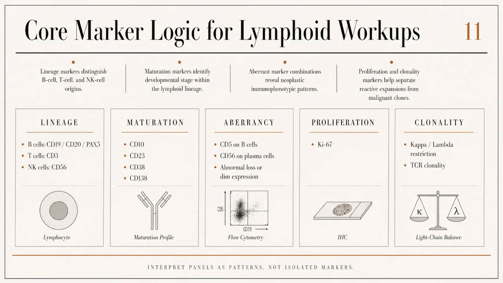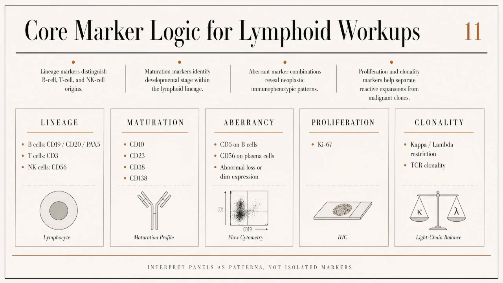Once lineage is established, maturation markers come into play to determine the developmental stage of the lymphoid cells. Markers like CD10 and CD34 help differentiate immature blasts, as seen in acute lymphoblastic leukemia, from mature lymphoid neoplasms. This distinction is vital because immature and mature lymphoid malignancies have vastly different clinical behaviors and treatment protocols.